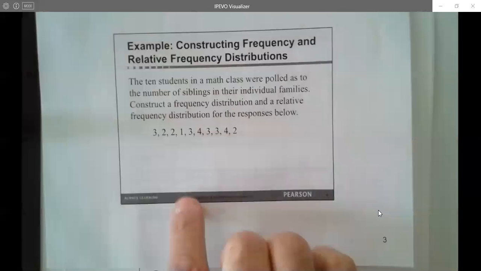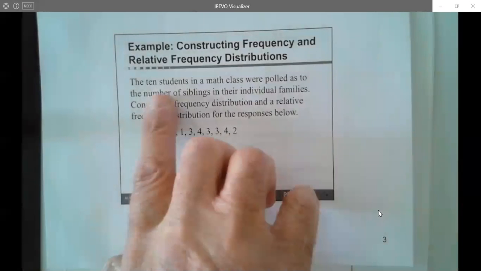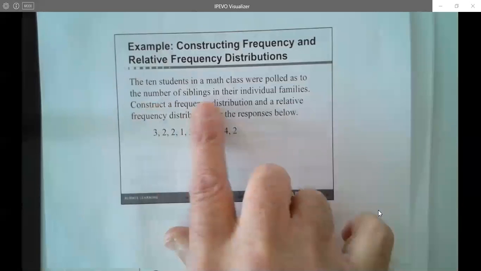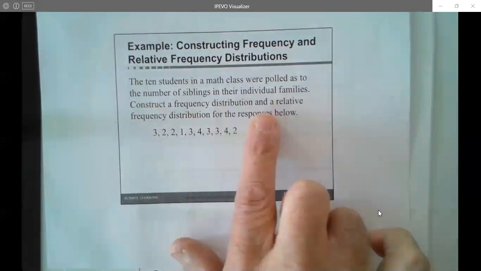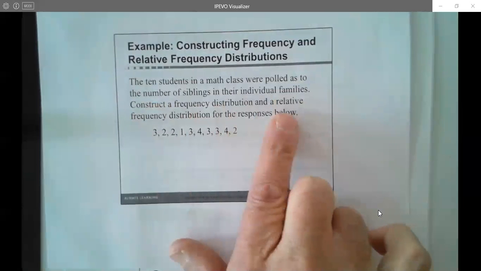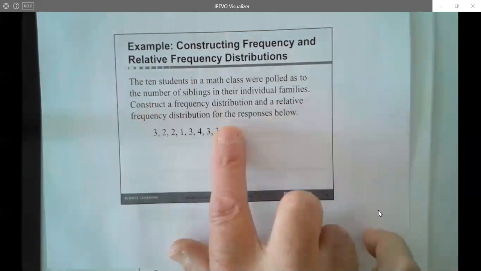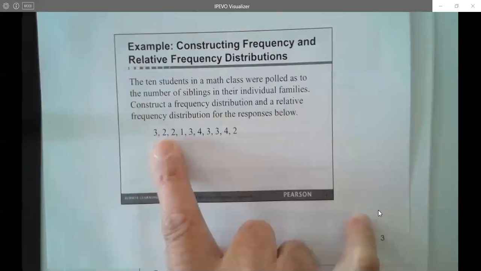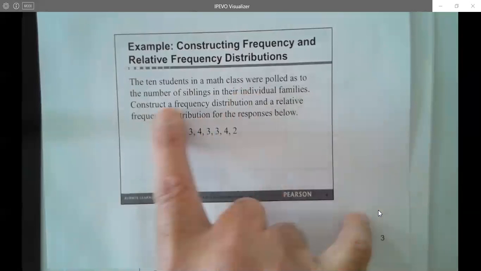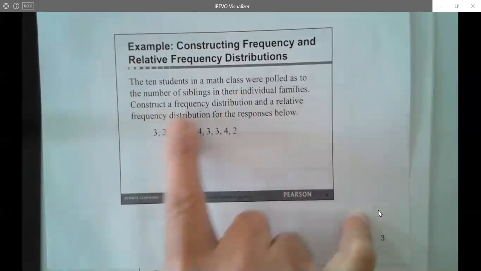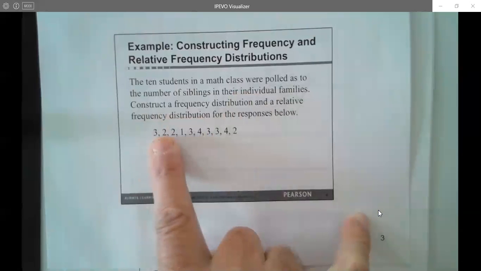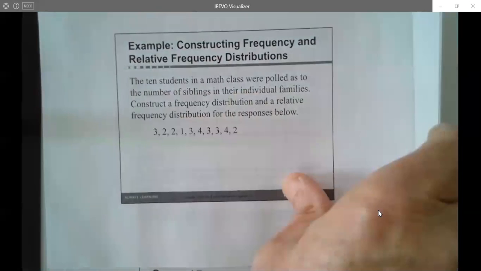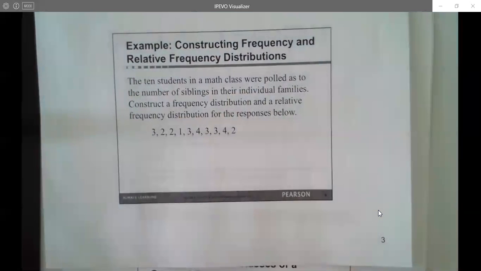Okay, so let's look at a problem where we have 10 students in a math class. They were polled on the number of siblings in their individual families. Construct a frequency distribution relative to the responses below. The first student had 3 siblings, the next one had 2 siblings, and so on.